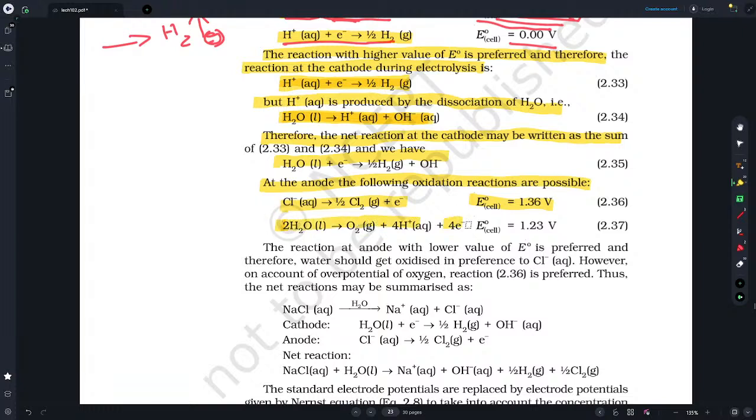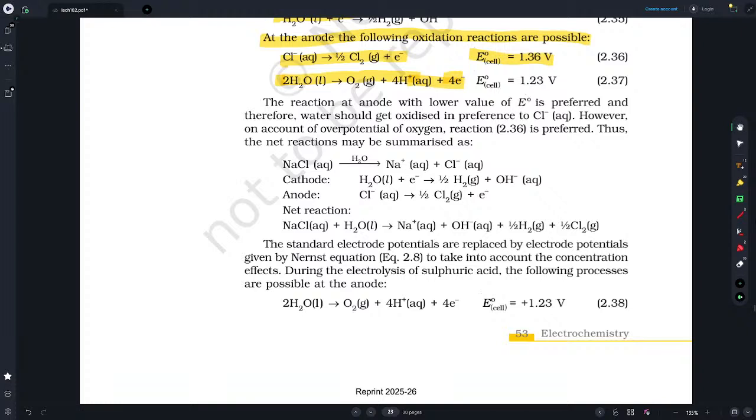And H2O becomes O2 plus 4H+ and gives 4 electrons. The reaction at anode with lower value of E is preferred, and therefore water should get oxidized in preference to chloride ion.